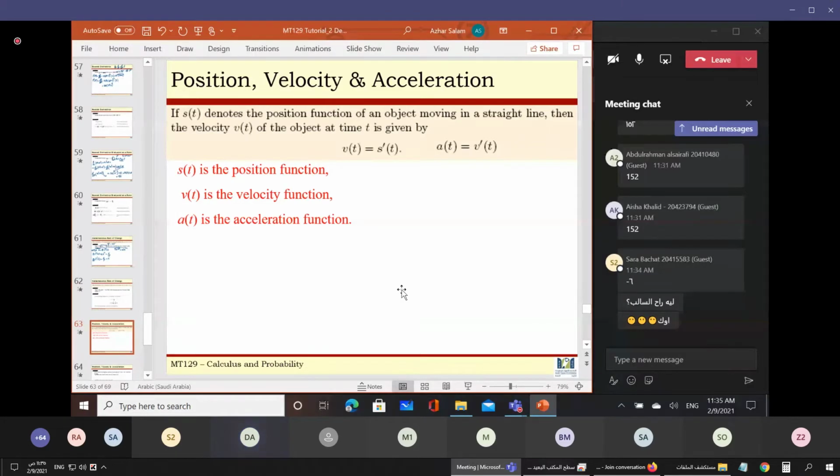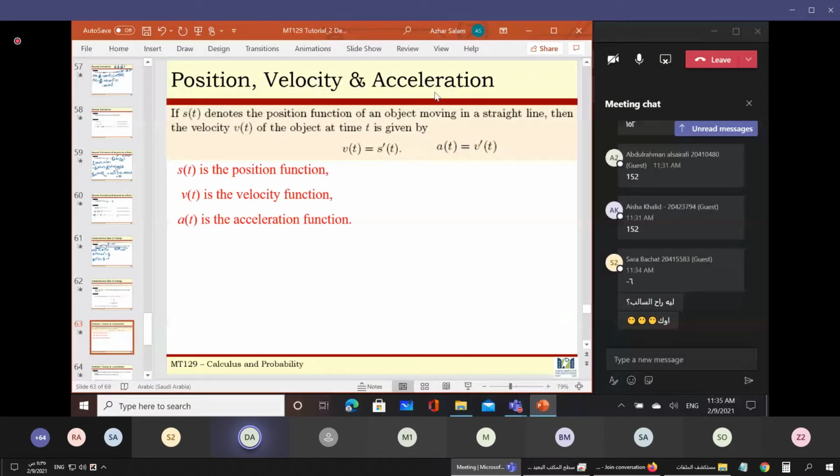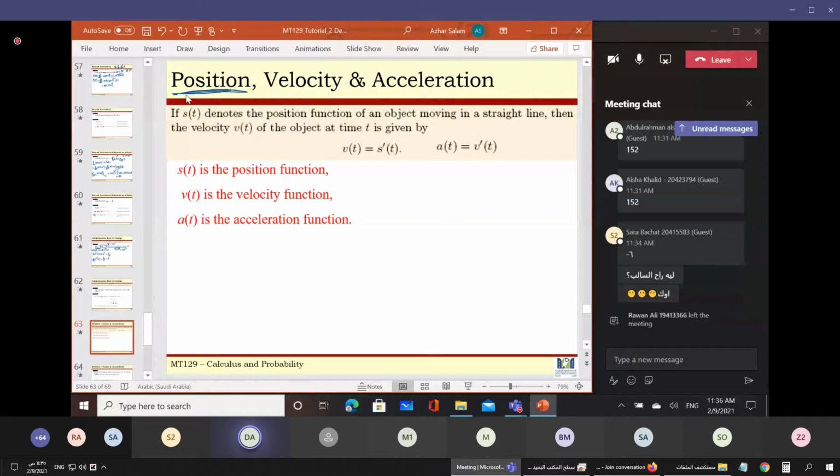Okay, the final application and the most important one about the derivative. I have here position. I will define the position function, and I will find the velocity and acceleration. What's the meaning of position?